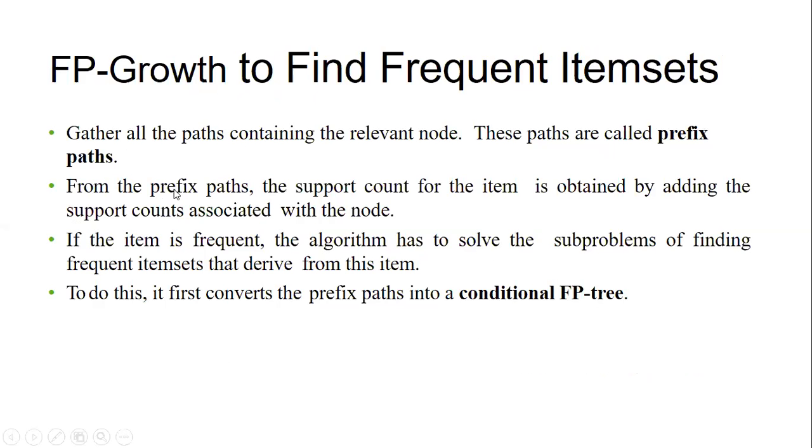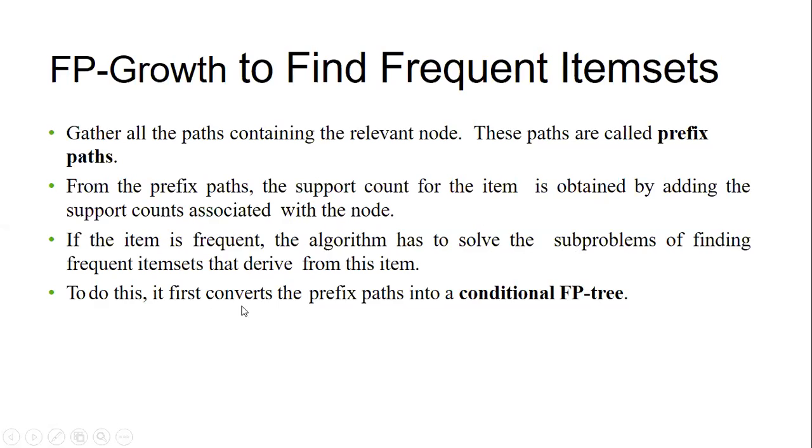From the prefix paths, the support count for the item is obtained by adding the support count associated with the node. If the item is frequent, the algorithm has to solve the subproblems by finding the frequent item sets derived from this item.